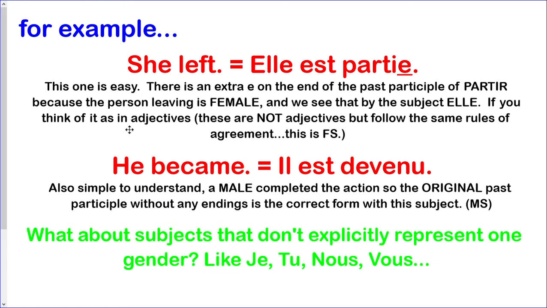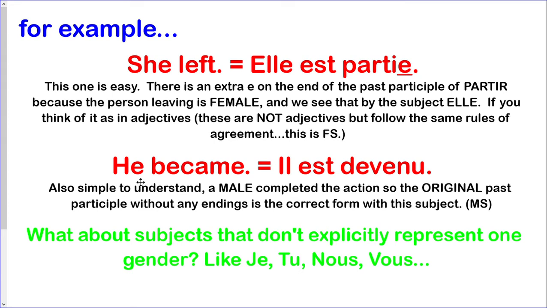If you think of it as an adjective, and again, I want to stress that these are not adjectives, they are verbs, but they follow the same rules of agreement that we had when we did adjectives. Okay, so if you remember, if a girl was smart, we added an E, as opposed to when a boy was smart, or a bunch of boys were smart, or a bunch of girls were smart. So this top sentence right here, this is a feminine singular. I added the extra E.